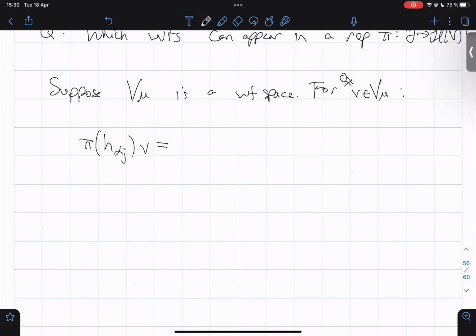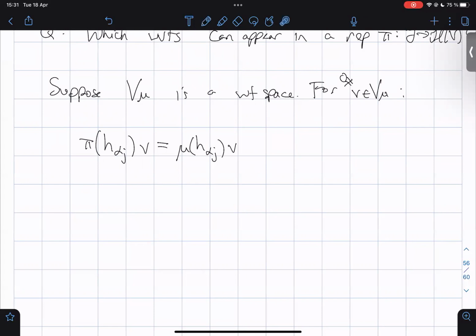So this is going to act as, well, little v lives in this V mu weight space. The action of this element from the Cartan subalgebra is a rescaling by a certain number. What number? Mu evaluated on this particular H. But what is this?